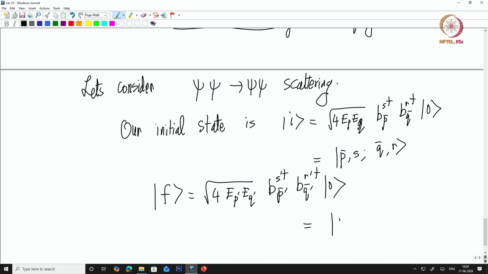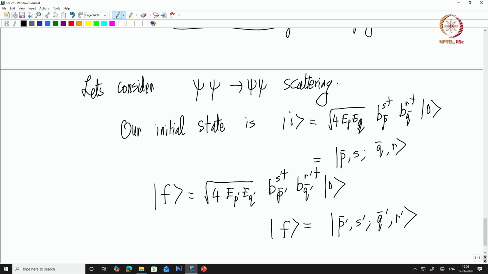This gives a state with P' S' and Q-bar' R-bar'. So this is the final state.